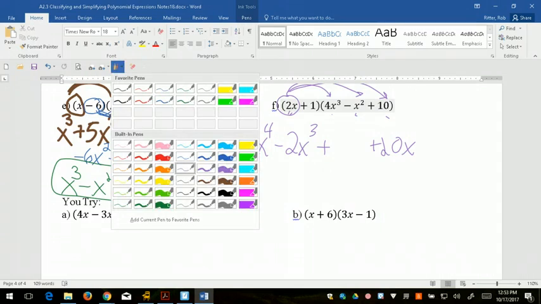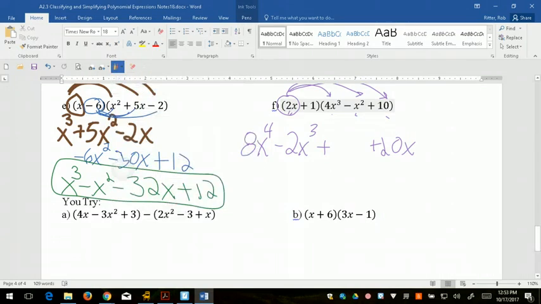Let's try pink. That might not show. You guys might be able to see it. We'll do orange. Now I'm going to distribute the 1. The 1 is the easiest number to distribute because I'm just going to take that other expression and write it out. I'm going to line mine up vertically. I've got a 4x cubed here, and here I actually have a negative x squared, and then here I have a positive 10.